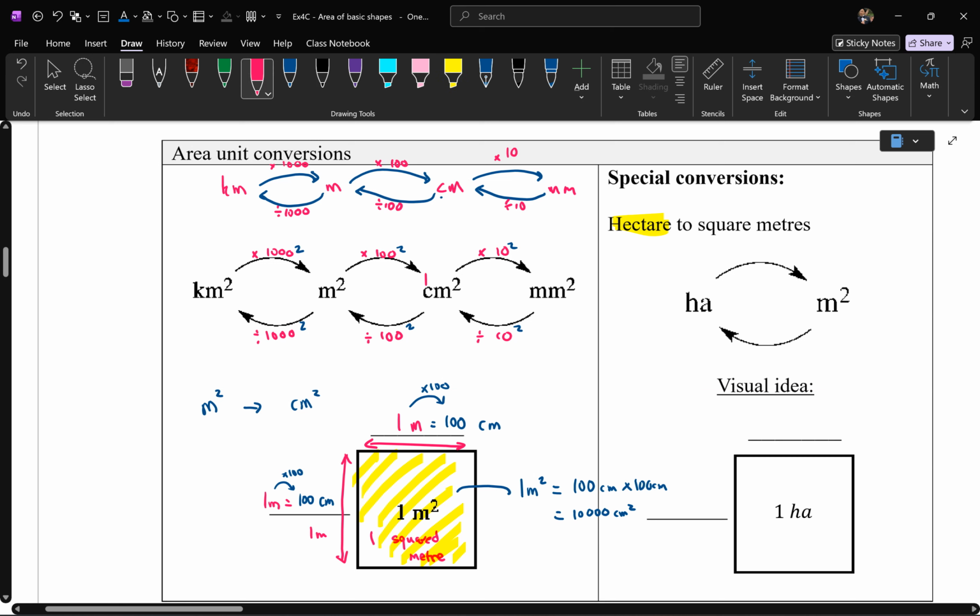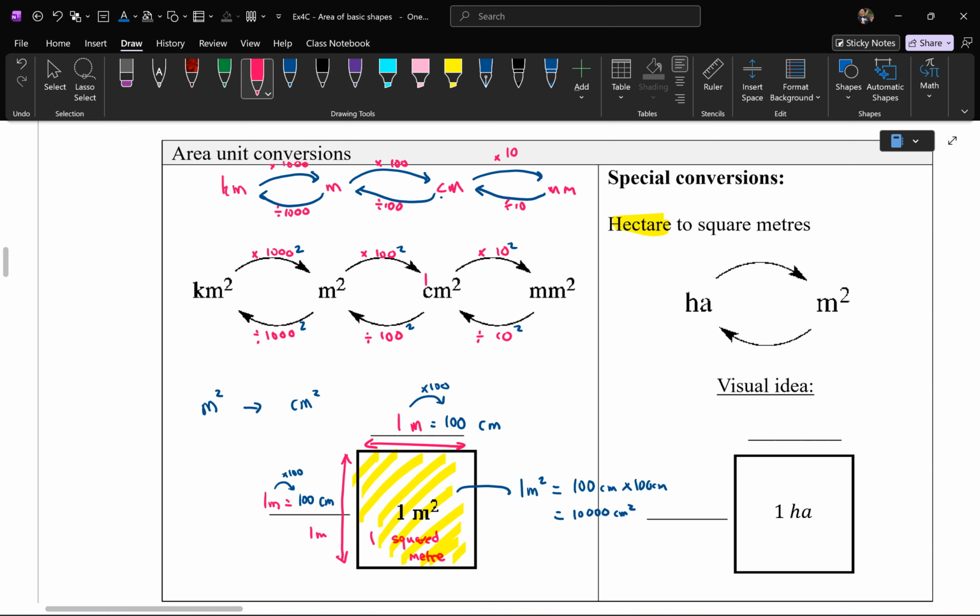Out of curiosity, how many people know 1 hectare is equivalent to how many squared meters? No. Much bigger. 10. More than that? 10,000. Yes, that is exactly the correct answer. 10,000 squared meters is equivalent to 1 hectare.